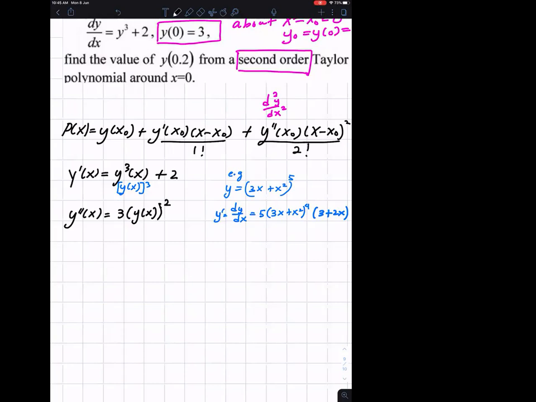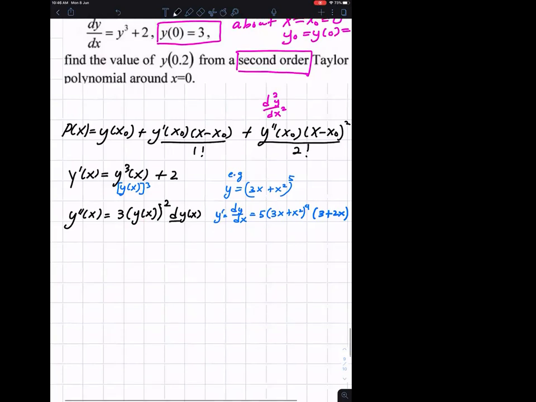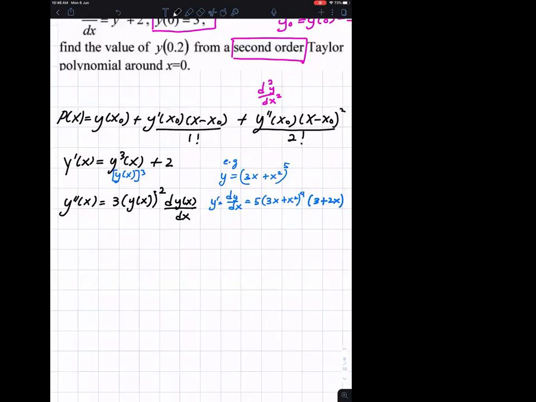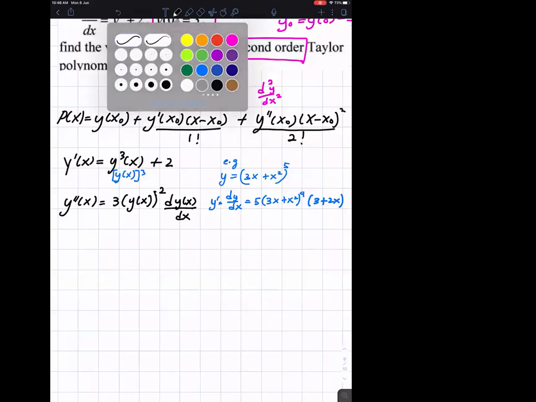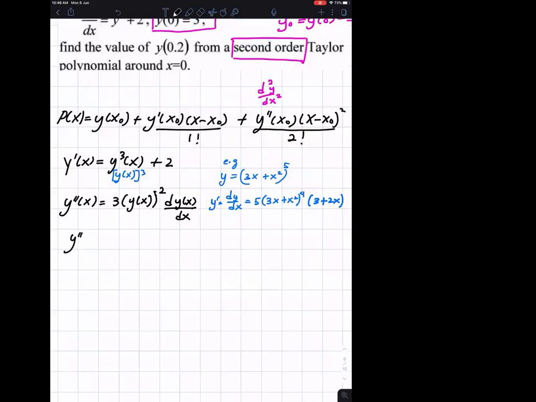Then you multiply by the derivative inside, the derivative of this, which is dy/dx. So I'm just elaborating, since some of you are having a problem with these things. I'll just show you this for once. So you can write this with y prime(x).